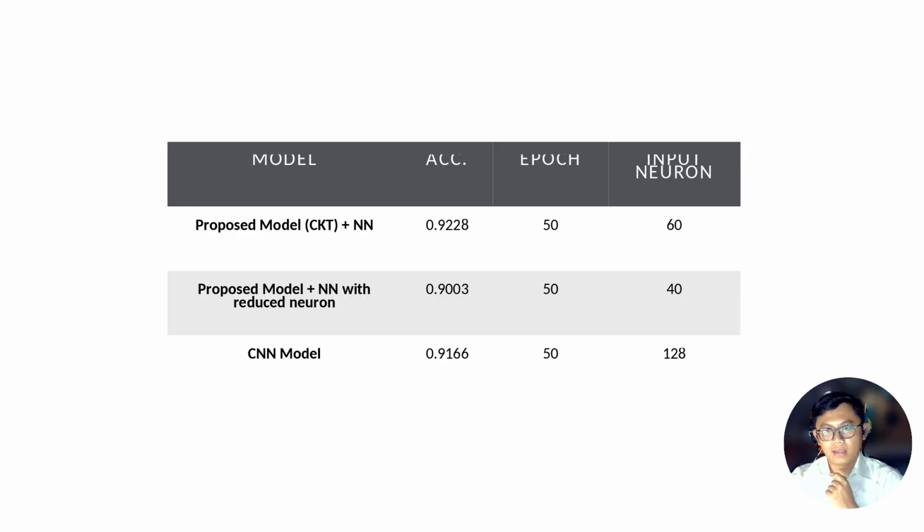So our model is proving that with very limited input neurons, compared to the CNN model that has larger input neurons, our proposed model can produce higher results than the baseline CNN model.